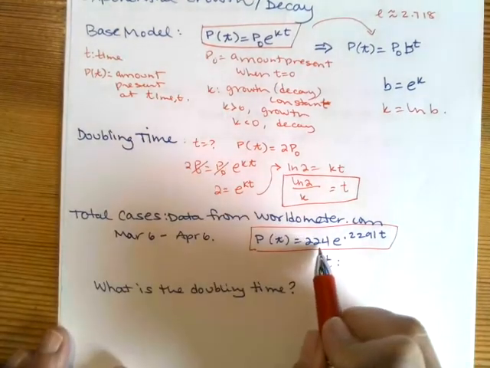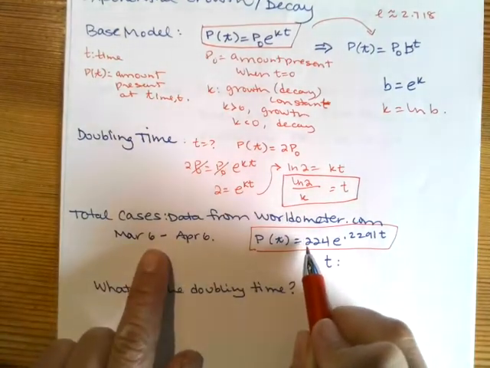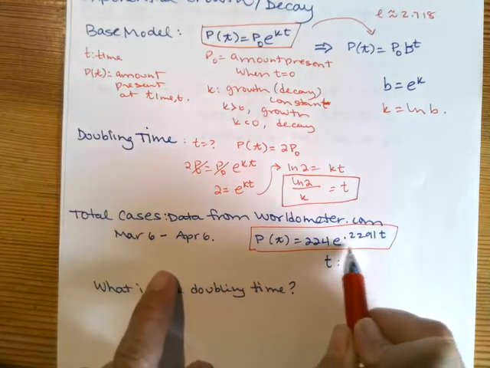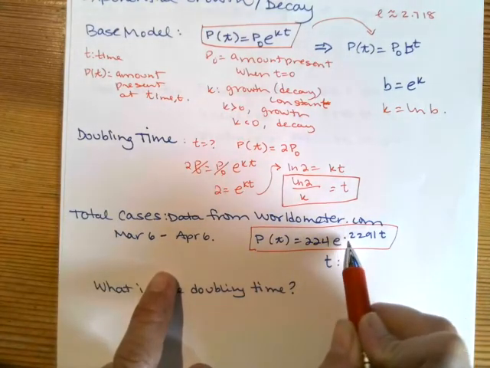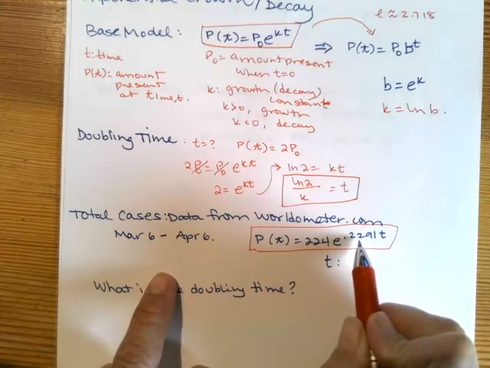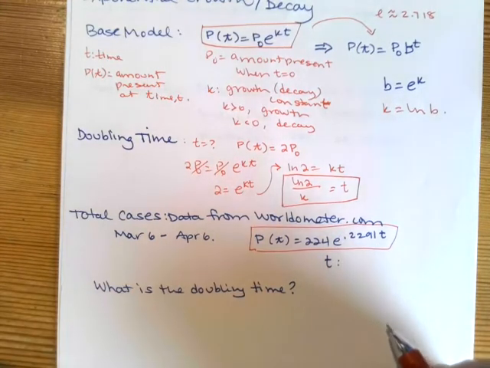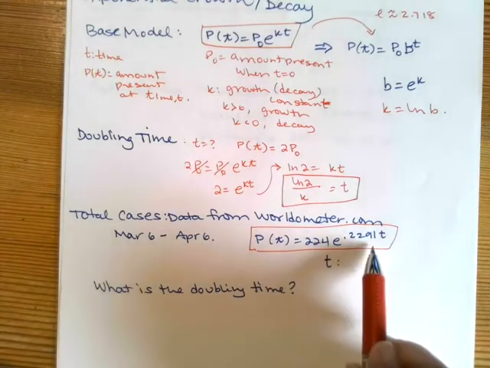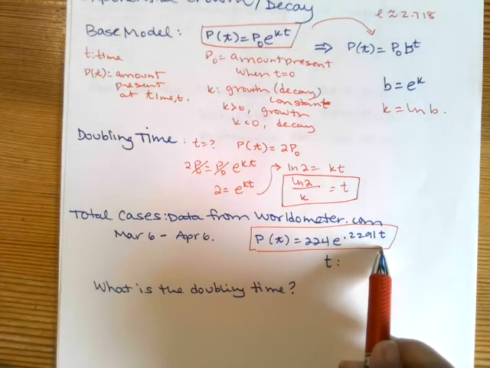On March 6th, the United States had 224 total cases. When I did my model, my k value came out to be 0.2291. I want you to keep in mind what t is going to stand for in this model.